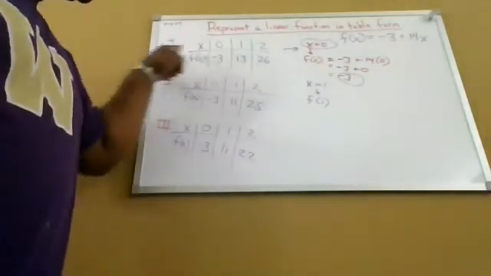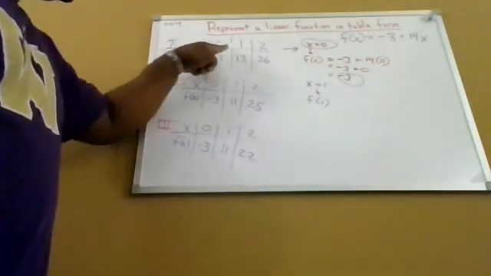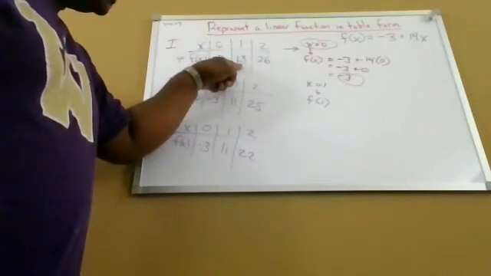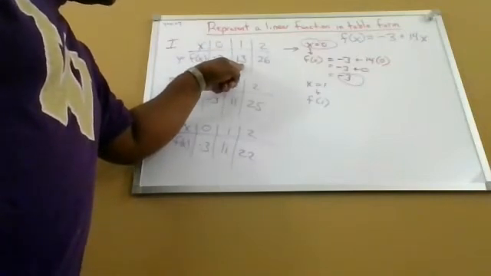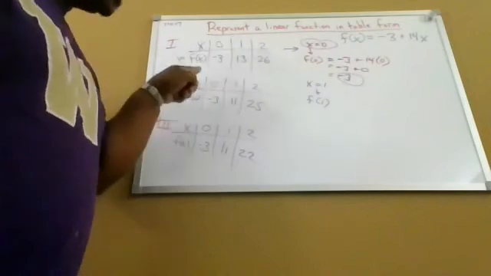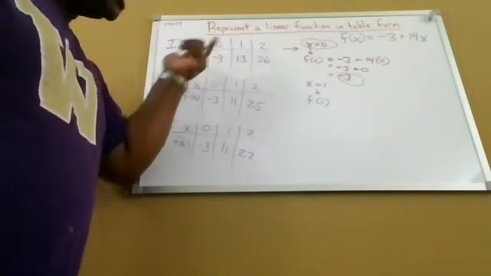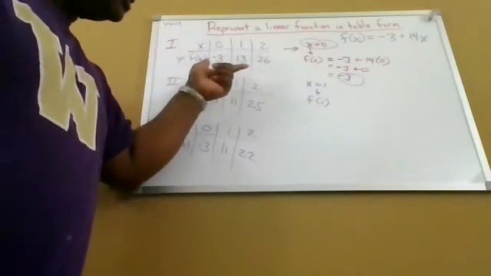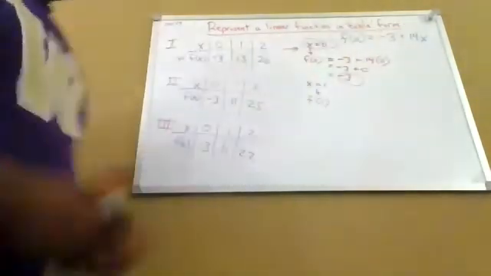So now back to table 1, when x equals 1, we want to see if y equals 13. If it does, that's good. If it doesn't, that means we can eliminate this table as containing xy data that satisfies this equation.